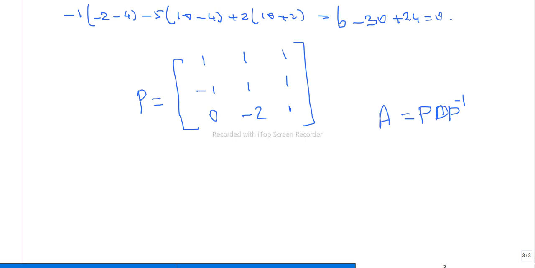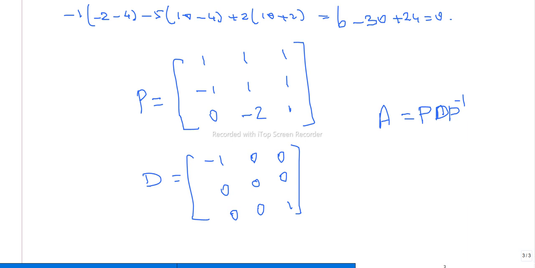What is D? Only the diagonal elements are the eigenvalues of A. All other entries are 0, so this is a diagonal matrix.